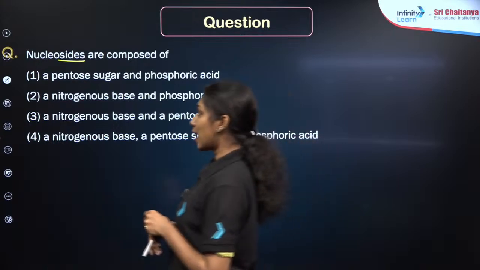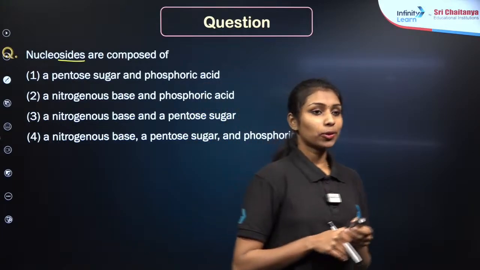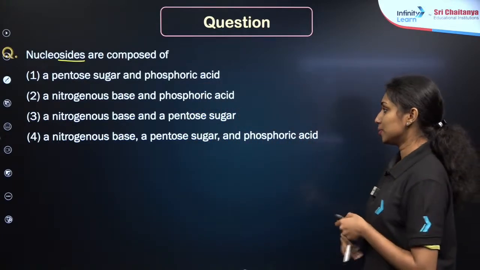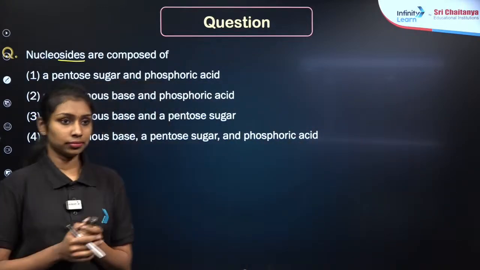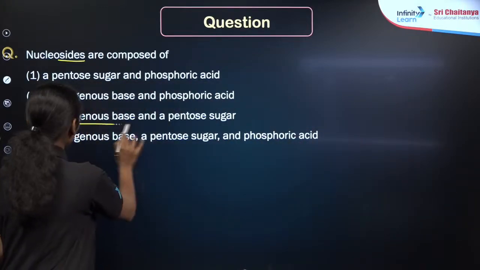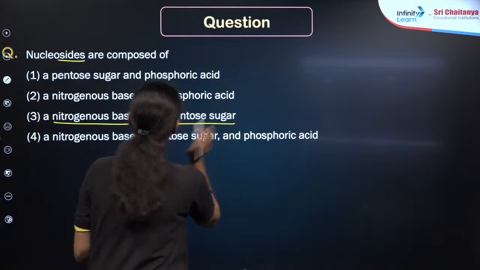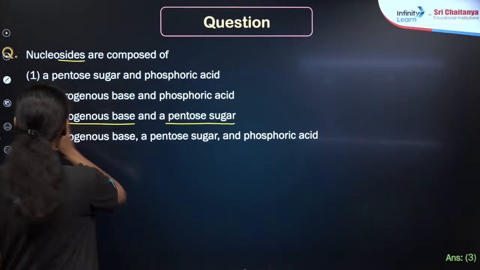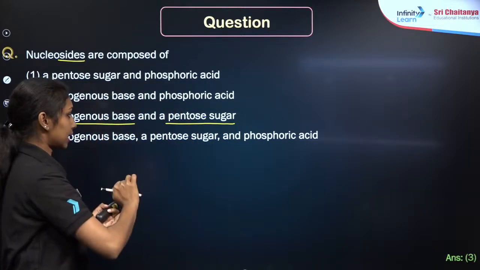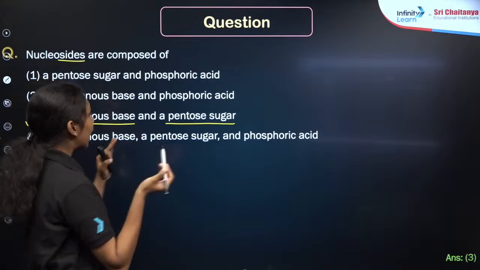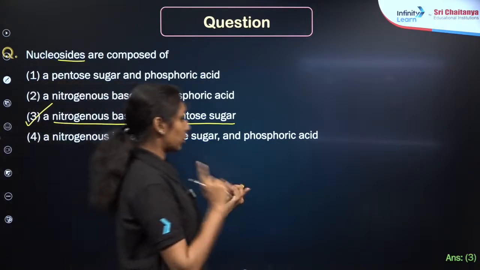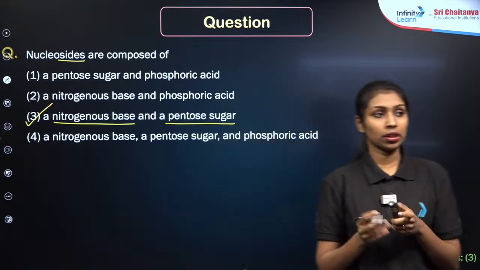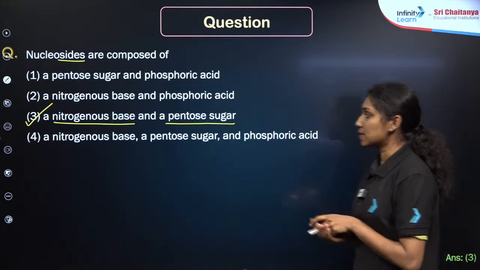The question is asking about nucleosides, not nucleotides. We have already seen the structure of nucleosides, right? It contains a nitrogenous base and a pentose sugar, which means option 3 will be the correct answer. If you add a phosphate group or phosphoric acid, you get the nucleotide. Clear? Option 3 will be the correct answer.